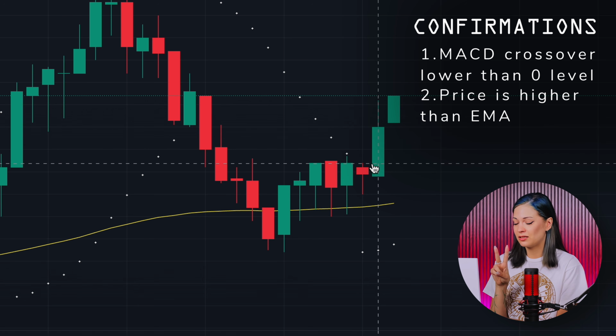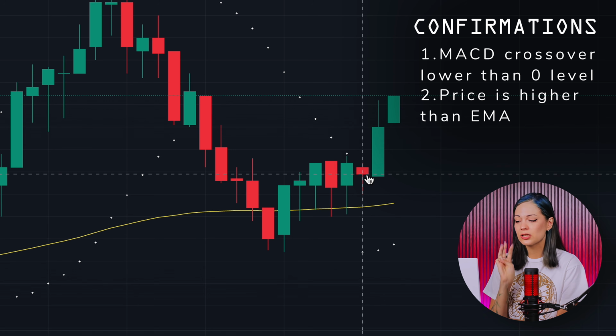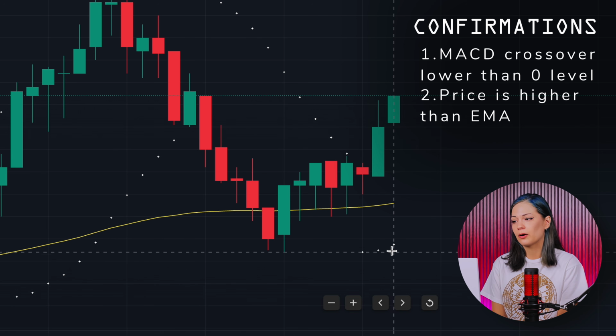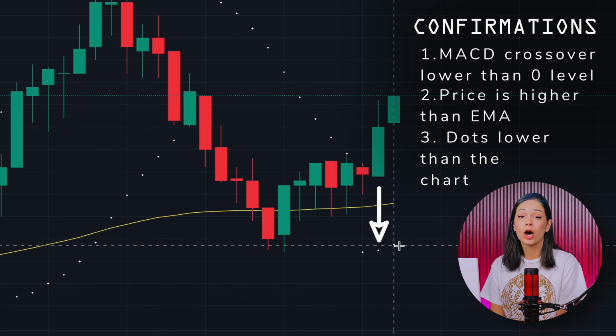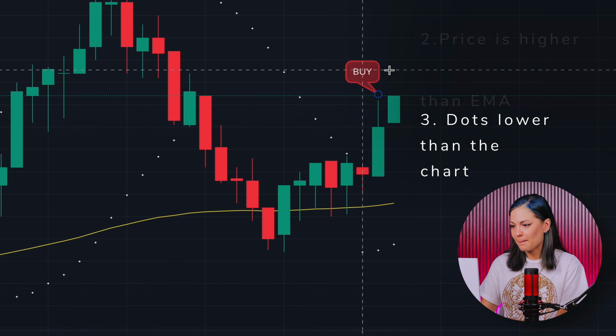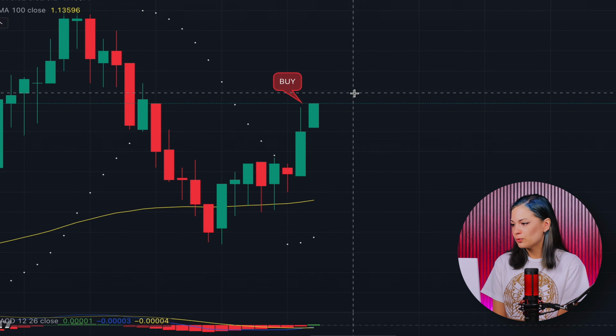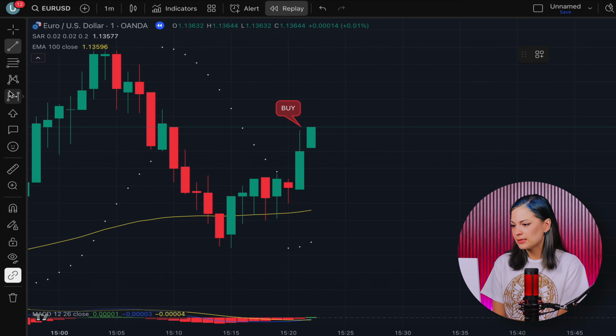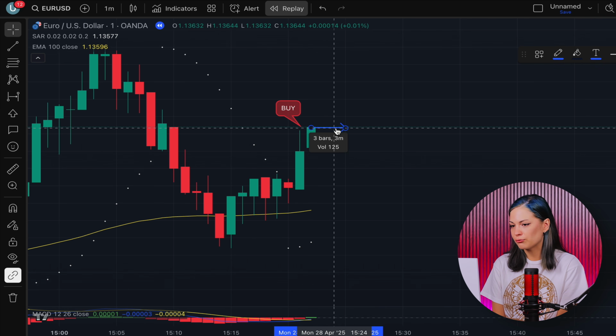We have a second signal for an upward trend. And third, we're looking at parabolic SAR, and the dots are lower than the chart, and we have all 3 confirmations for opening a deal for an upward trend. So buy.